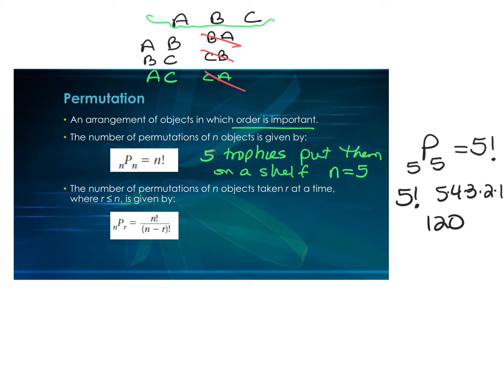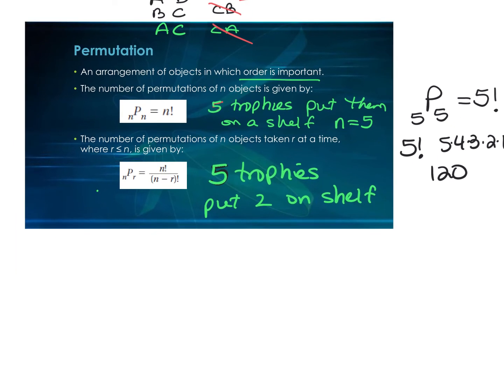Now let's say instead I don't have a lot of shelf space, and from these 5 trophies, I only want to display 2 of them. So I have 5 trophies to choose from, but I only want to put 2 on my shelf. So in that case, we're going to use this new formula, and we're going to introduce another variable, which is r.